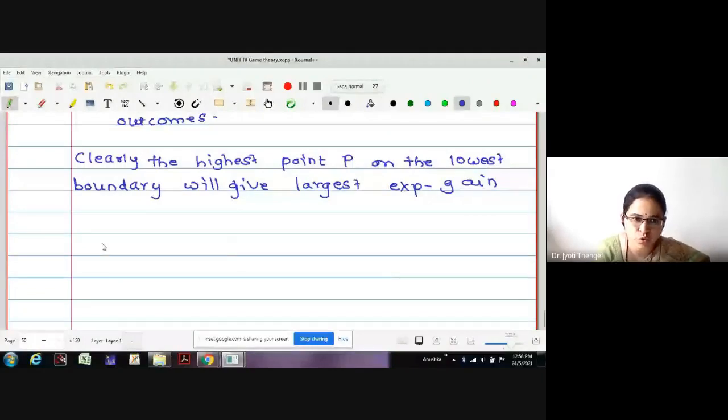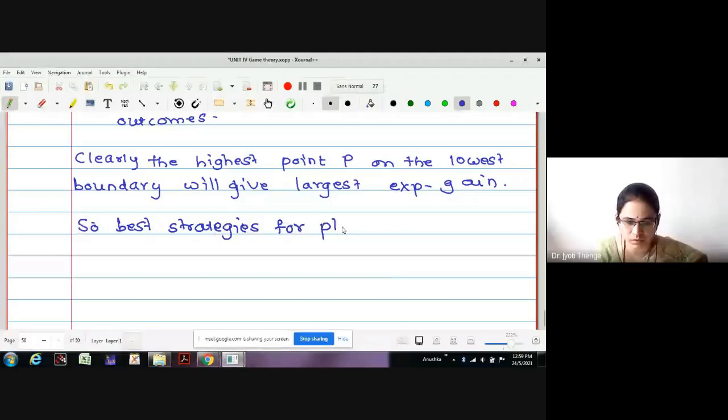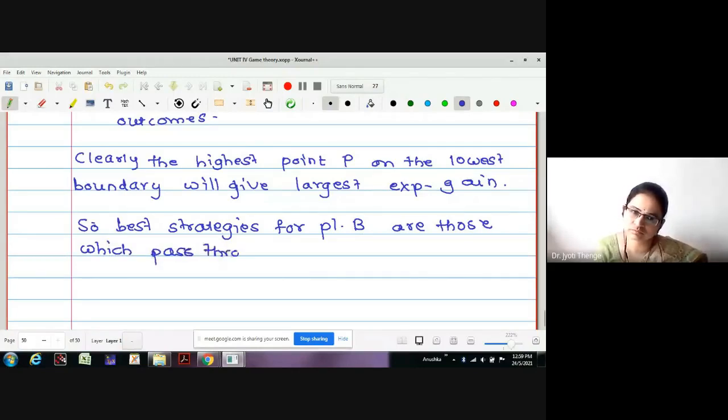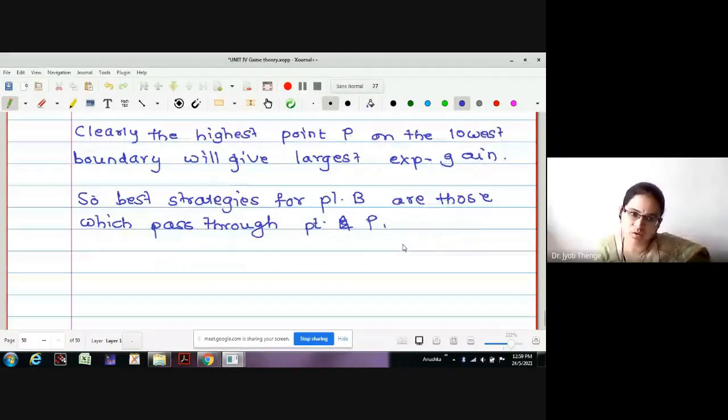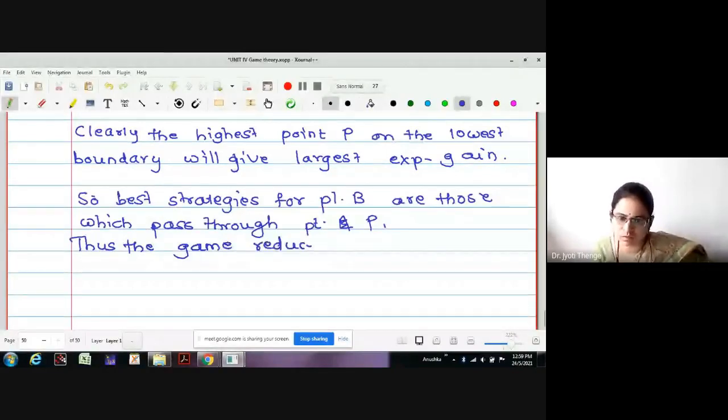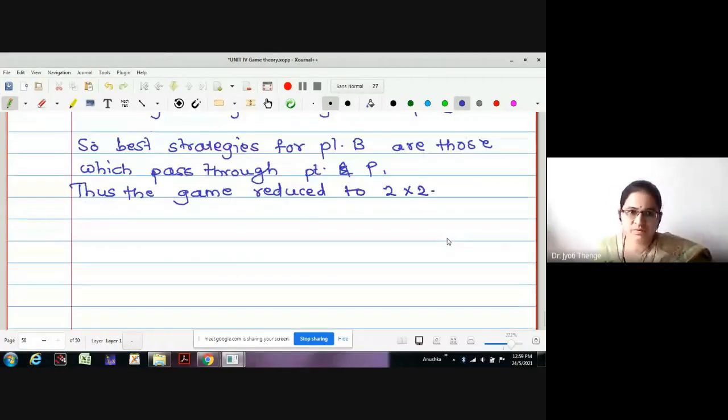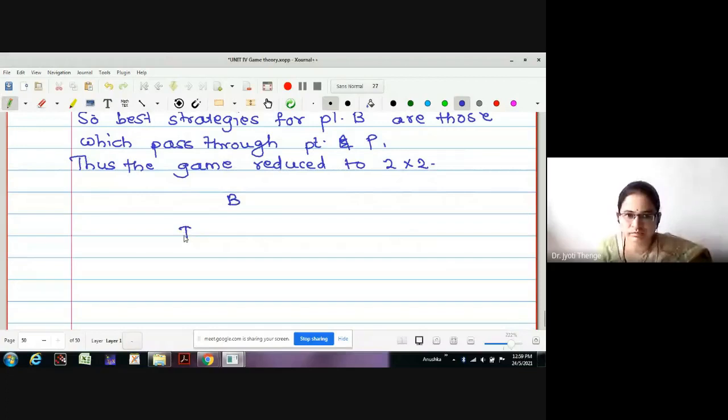Okay. So the best strategies for player B are those which pass through point P. Thus the game is reduced to 2 by 2. How is it being reduced to 2 by 2? Player B has two optimal choices.